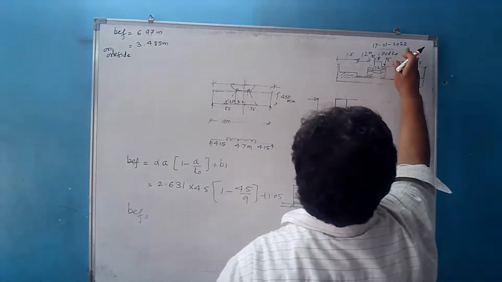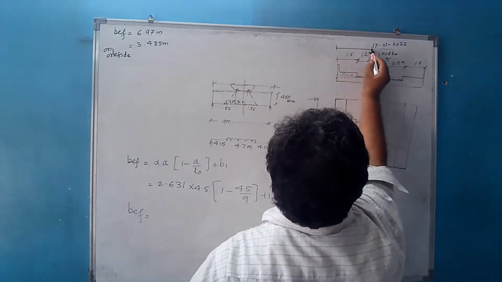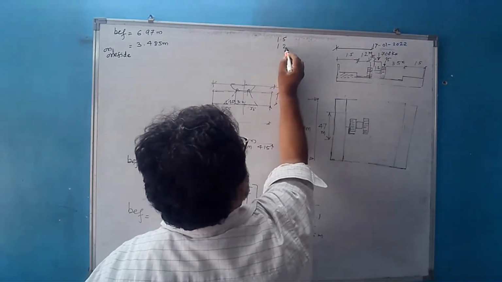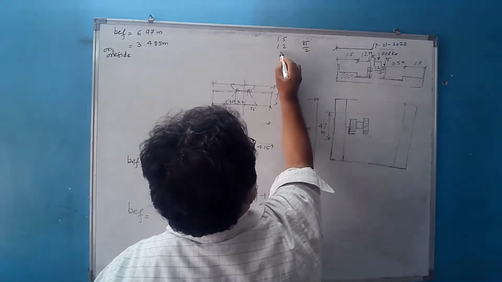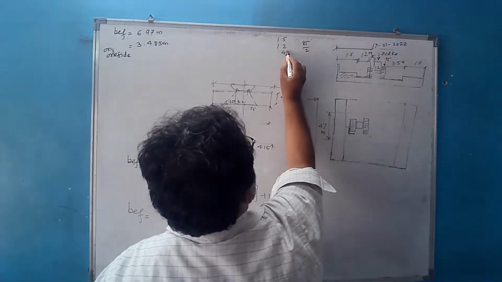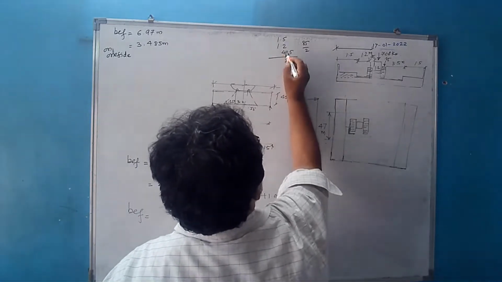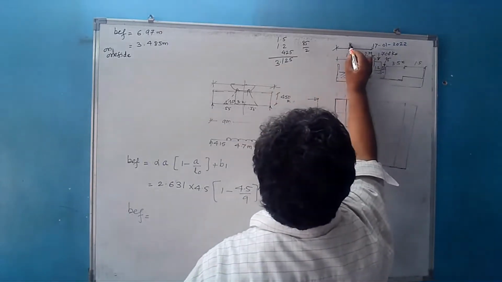How much is this distance from the center of the load? It is 1.5 plus 1.2 plus half of 0.85, that is 0.425, so 3.125 meter is the distance available.